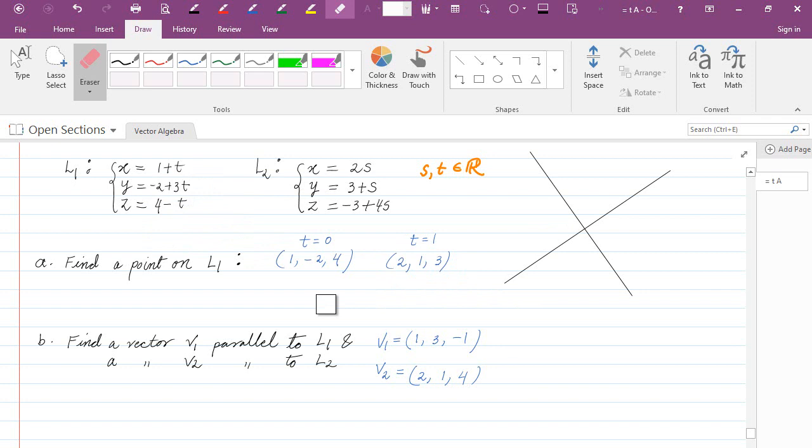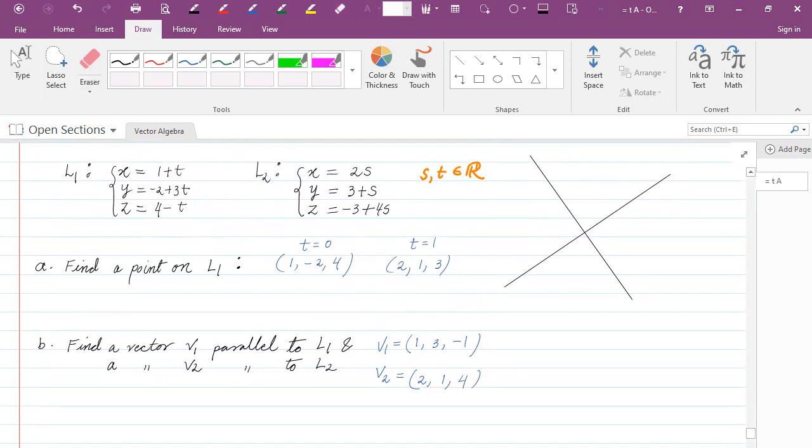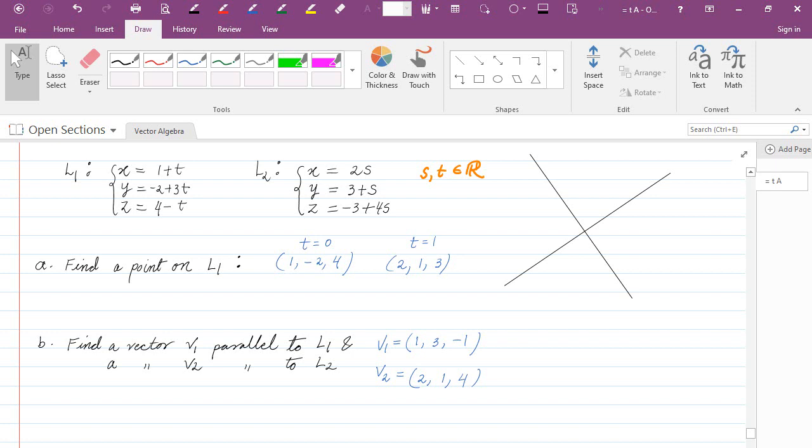Okay, so now question number 2 is, find a vector that is parallel to the line L1, and find a vector that is parallel to the line L2. So how do I find a vector that's parallel to L1? Well, recall that the coefficients of t are the components of a vector that's parallel to L1.